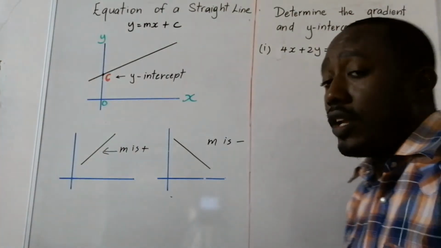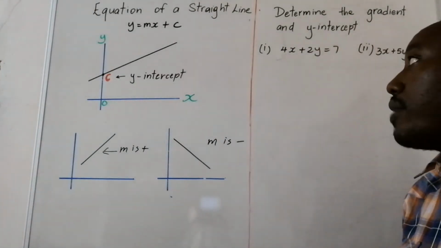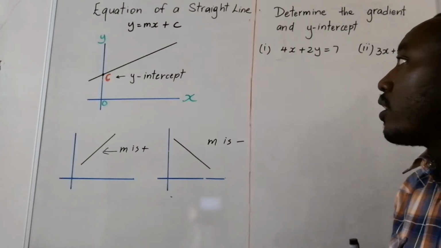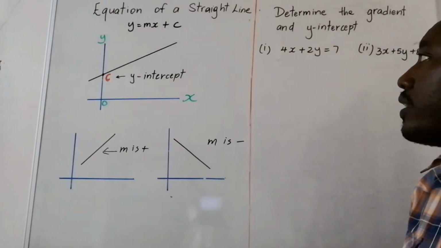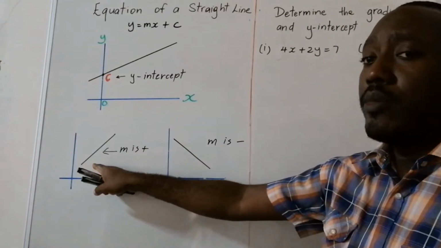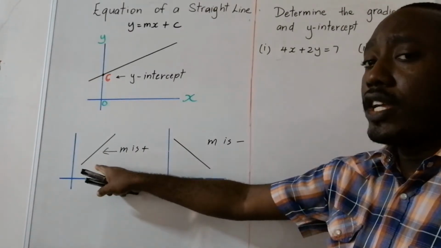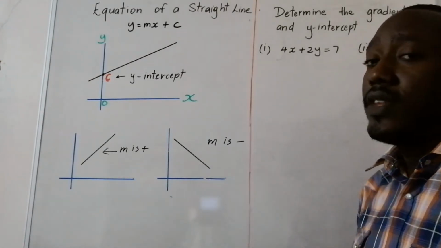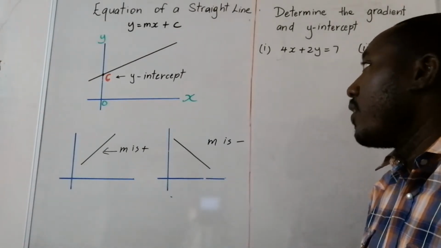So the equation of the line is y equal mx plus c. The m represents the gradient. If the gradient is positive, this will be the direction of the line. If the gradient is negative, this will be the direction of the line.